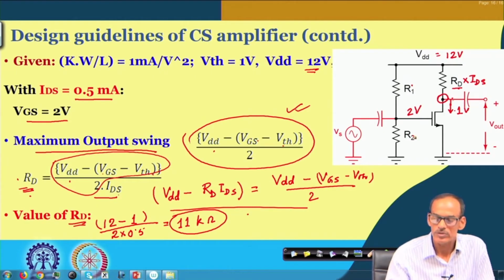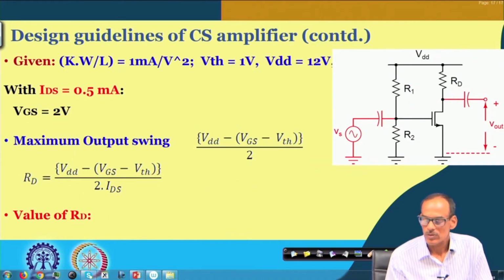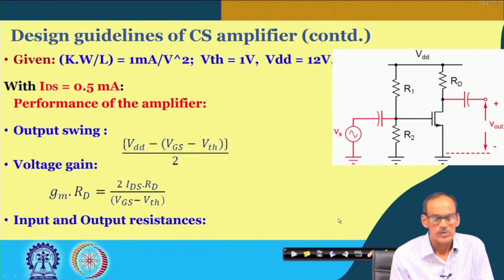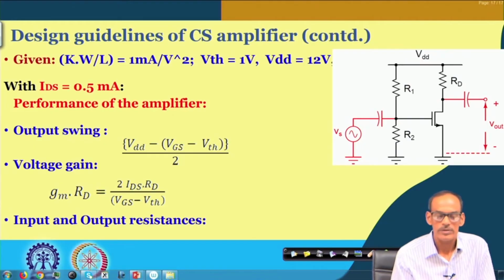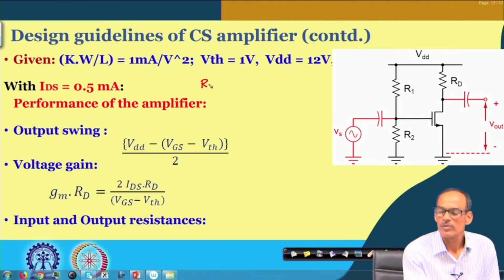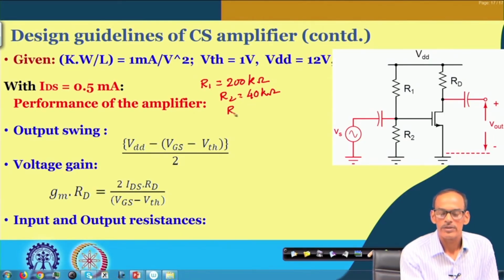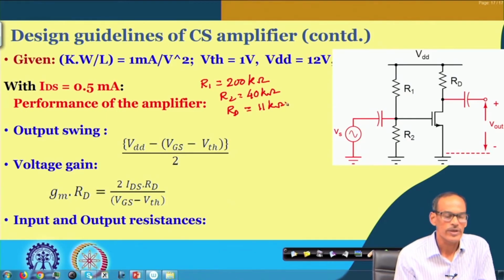So, with this bias or with this design, let us see what is the performance we are getting. So, the performance with whatever the design just now we obtained, namely R 1 equals 200 K, and then R 2 equals 40 K, and R D equals 11 K. What are the performance metrics we are getting?